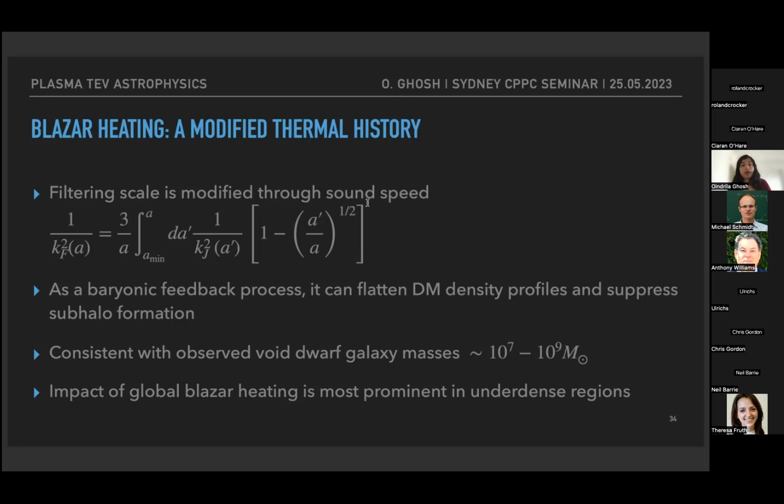This is work I did with my master's student, Shankalan Bhattacharya, where we were looking at the Jeans masses and the filtering masses from different degrees of blazar heating, and they seem to be consistent with these void dwarf galaxy masses.